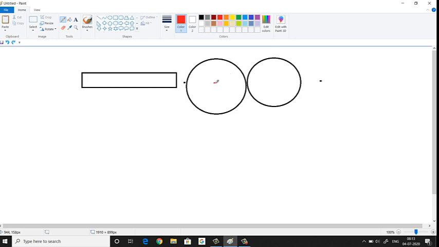Let me call them A and B. Although they don't look the same size, they are the same size. Conducting spheres means they are conductors. Now, these are uncharged conducting spheres, and let us say the charge on this glass rod is positive.